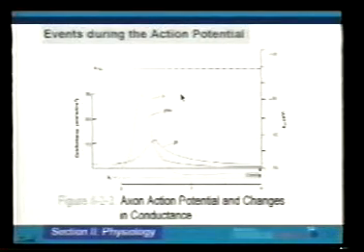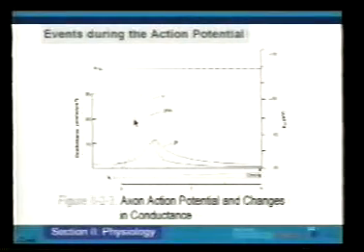A very important bottom line point is it doesn't matter what action potential you are referring to. All action potentials repolarize due to a potassium efflux. So no matter what action potential you're referring to, it always repolarizes due to a potassium efflux.